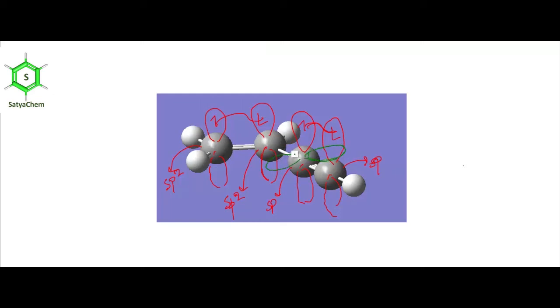This is a pz orbital, and this is another pz orbital, so here we will have a pz pi bond. Clear? The image looks very messy because I have drawn both the pz pi bond and the py pi bond.